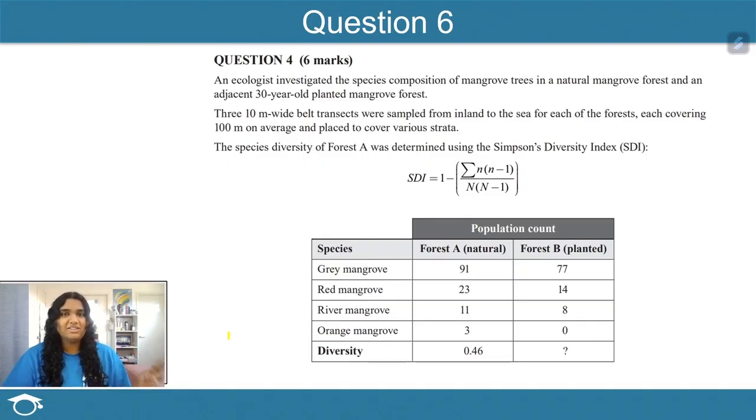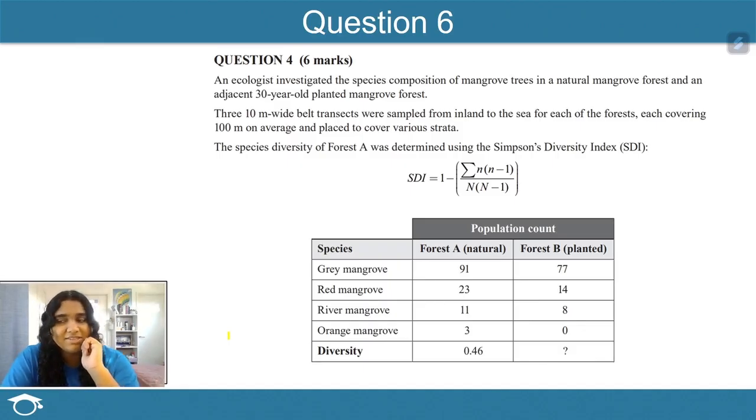An ecologist investigated the species composition of mangrove trees in a natural mangrove forest and an adjacent 30-year-old planted mangrove forest. 3 10-meter wide belt transects were sampled from inland to the sea of each of the forests, each covering 100 meters on average and placed to cover various strata. The species diversity of Forest A was determined using the Simpson's Diversity Index, SDI, and the formula is given to you in the question itself.